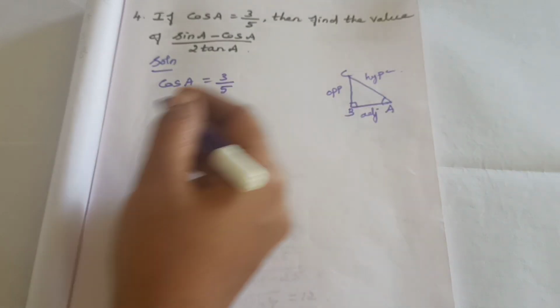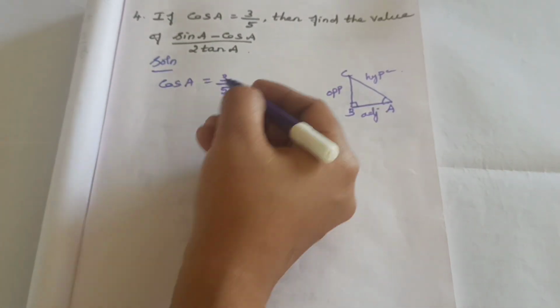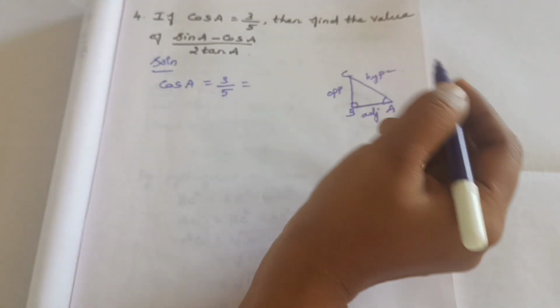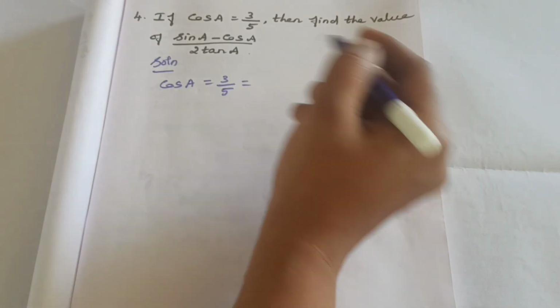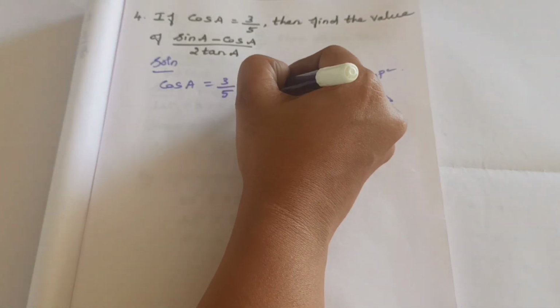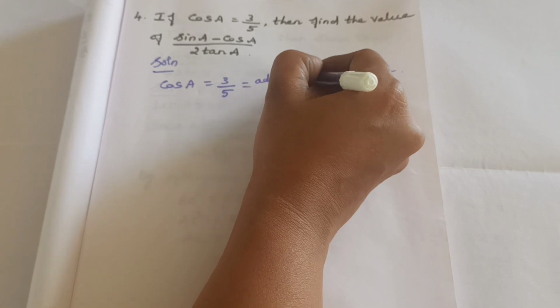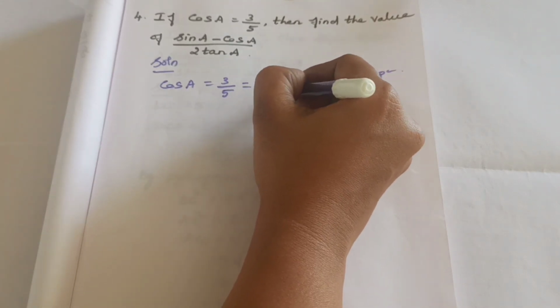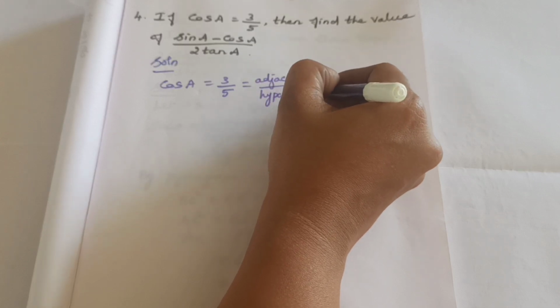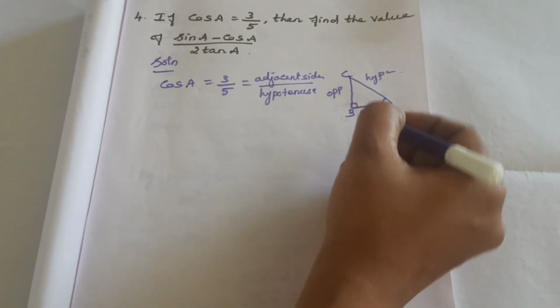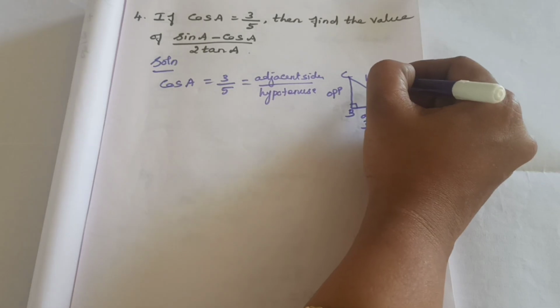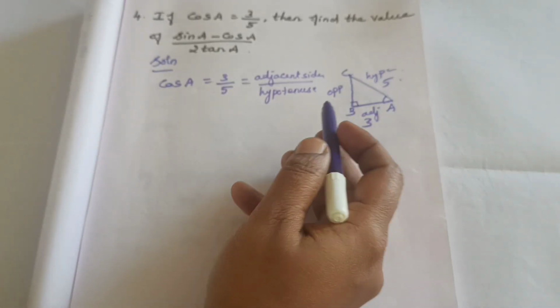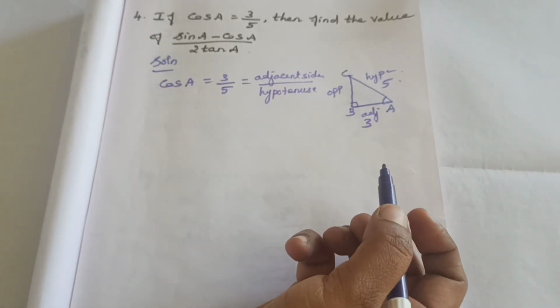Then here cos A is equal to what can we write? Adjacent side divided by hypotenuse. Now the adjacent side is 3, hypotenuse is 5. Then one side is missing, BC, you want to find, isn't it?